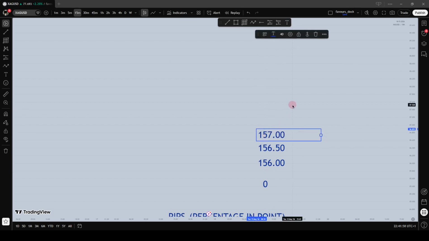Do you understand? So from here to here, if we are going up, how many pips increase do we have?